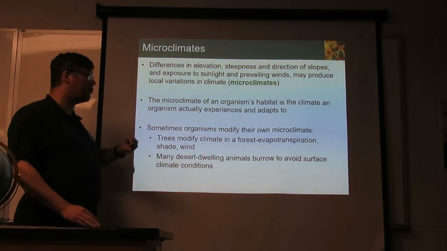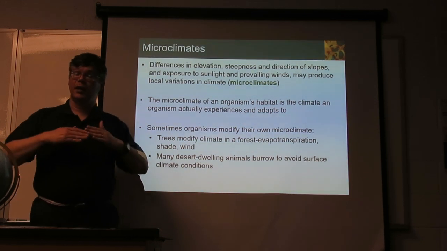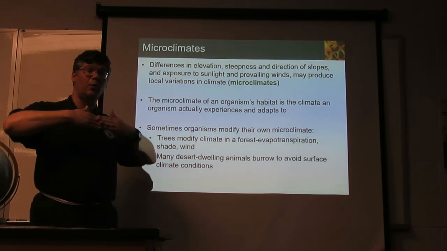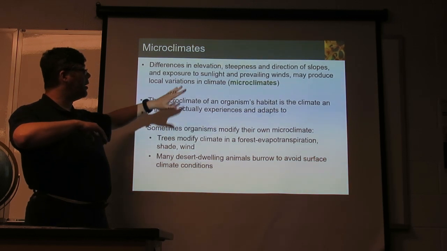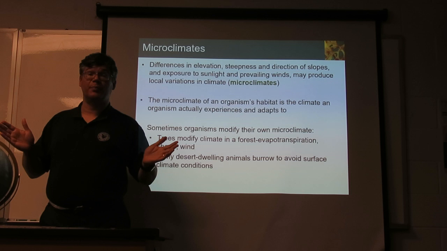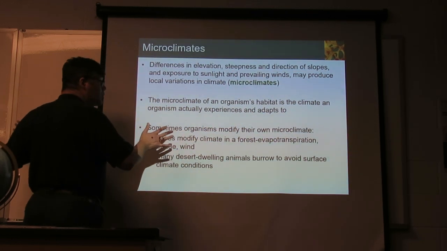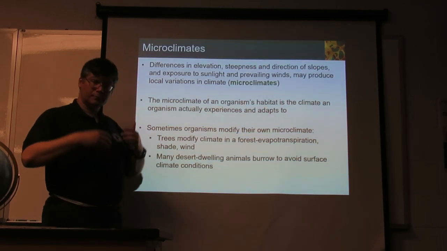So these variations are referred to as microclimates. Just a little bit of difference in how steep or flat a slope area may be, a little bit higher, a little bit lower, what direction the slope is facing? Does it tend to be into the sunshine or to the shade? Wind patterns.